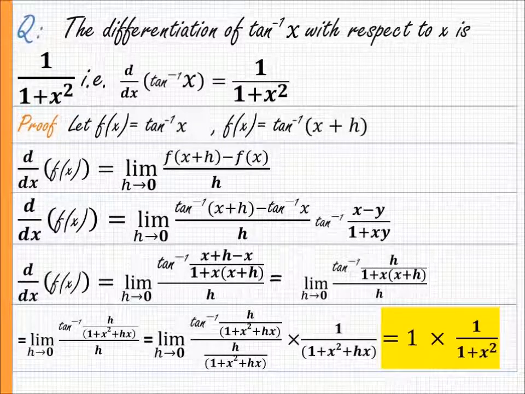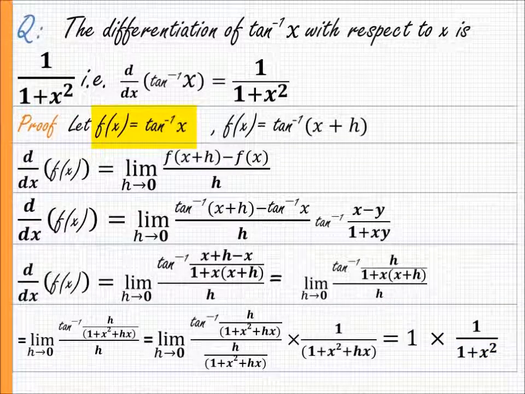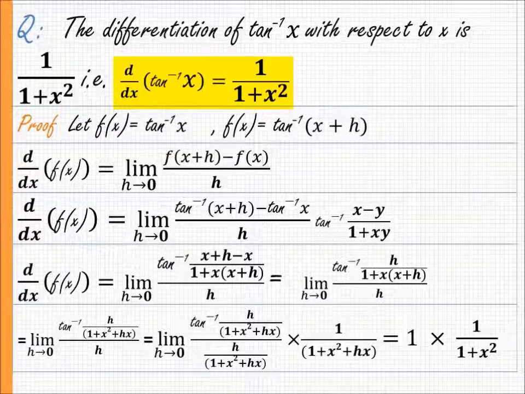And what is f of x? f of x is equal to tan inverse x. So that means the derivative of tan inverse x with respect to x is equal to 1 upon 1 plus x square for all values of x where x belongs to the real numbers.